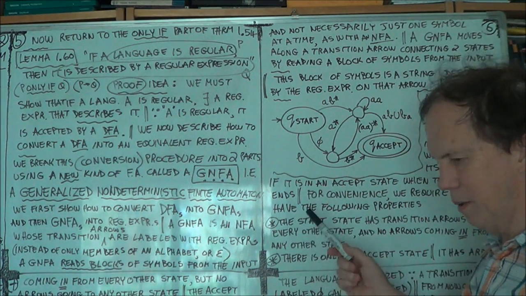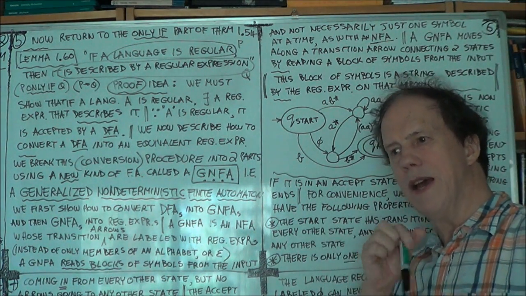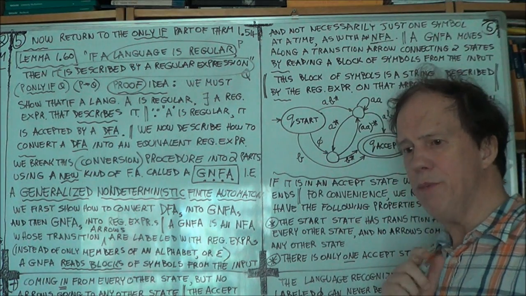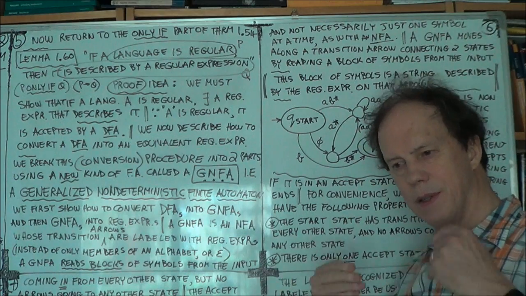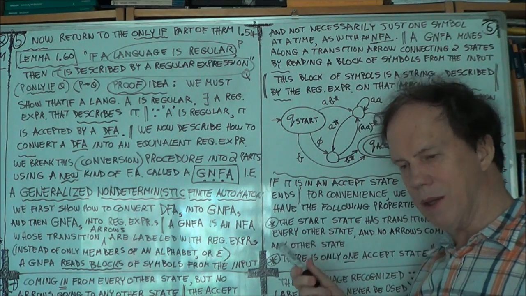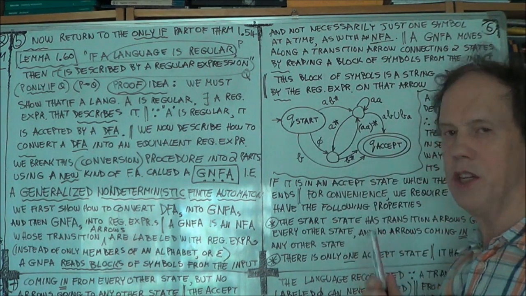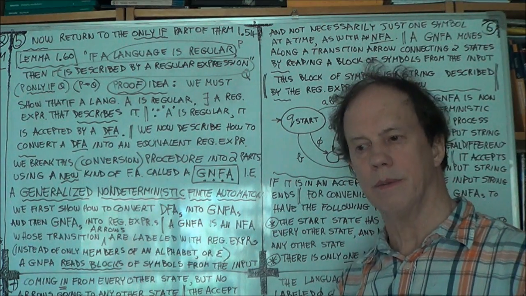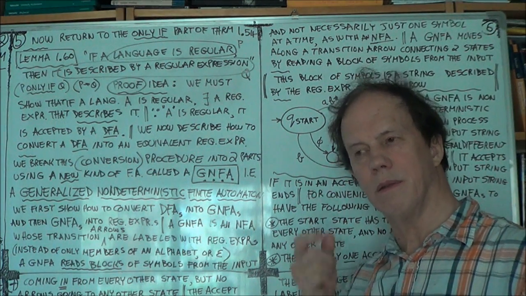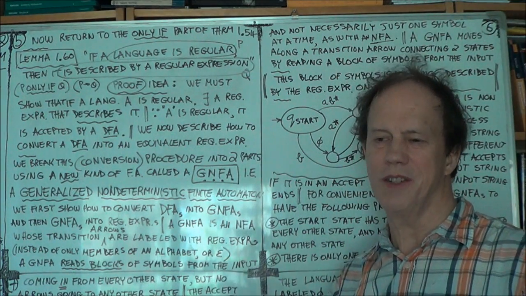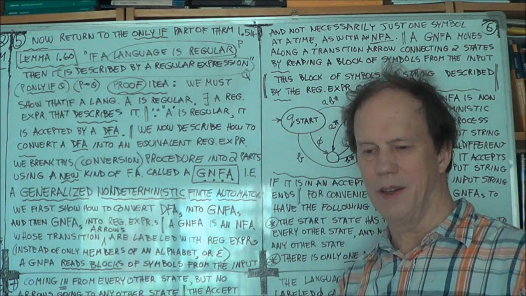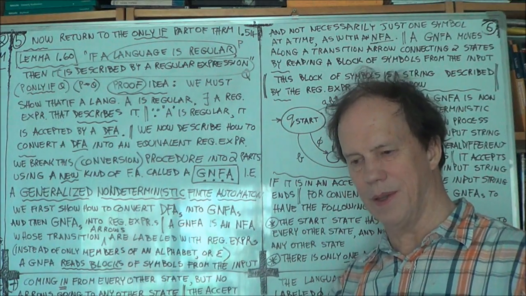So what I'm going to do now is give you 3 properties, 3 constraints, 3 things that help make the use of a GNFA easier, so that once you've got your GNFA, you're then able to use it.